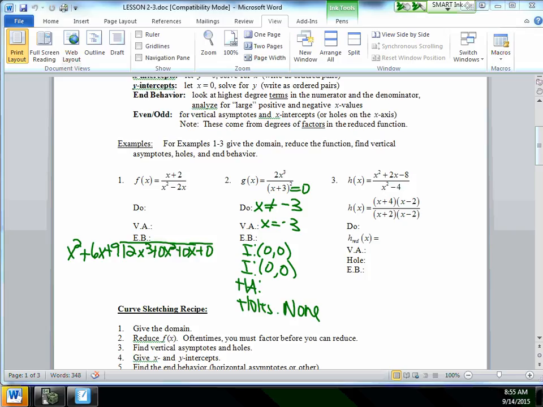So now we just say, how many times will x squared go into 2x cubed? Well, that will go 2x. So then multiply. 2x times 9 is 18x. 2 times 6 is 12, x squared, and then 2x cubed.